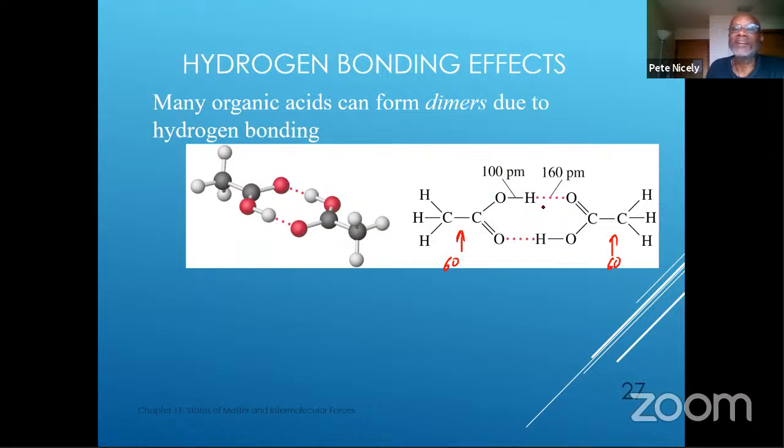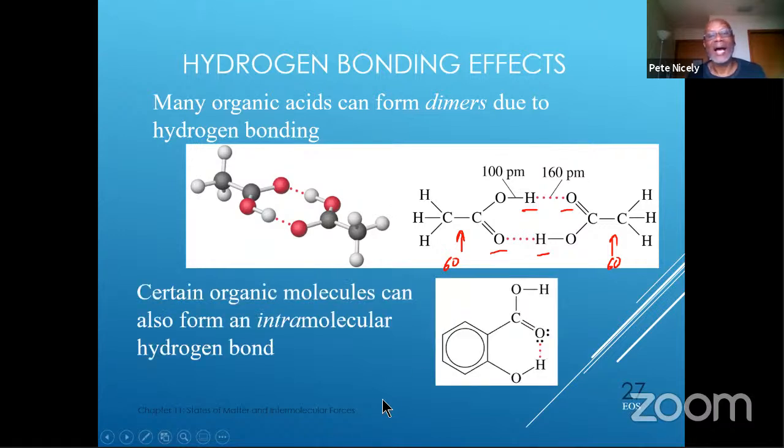But because of the hydrogen bonding that exists between the hydrogen and oxygen here and here, in pure acetic acid, it exists as this dimer unit, 2 units of acetic acid molecules, right? And therefore, when experiments were done to measure the molar mass of acetic acid, you see that the molar mass is actually doubled to about 120 grams per mole, all right? So that's basically another effect of hydrogen bonding, the formation of dimers between molecules of organic acids.